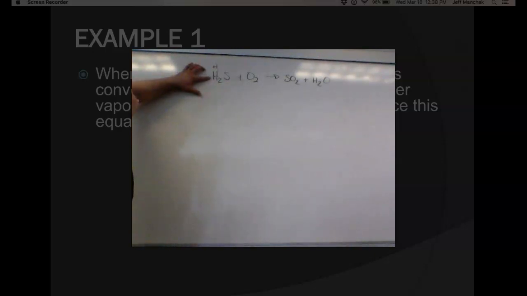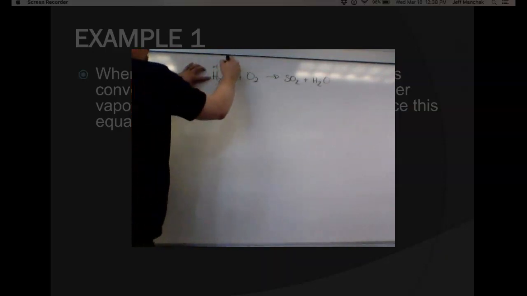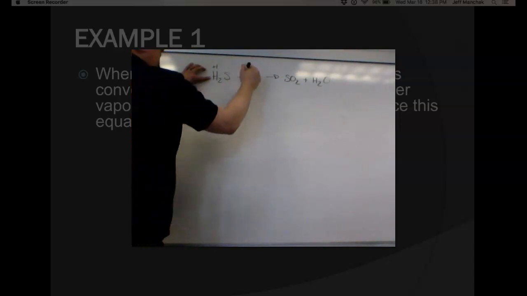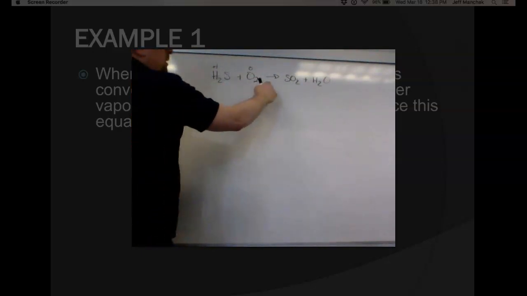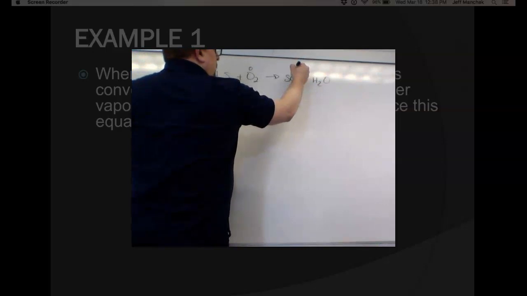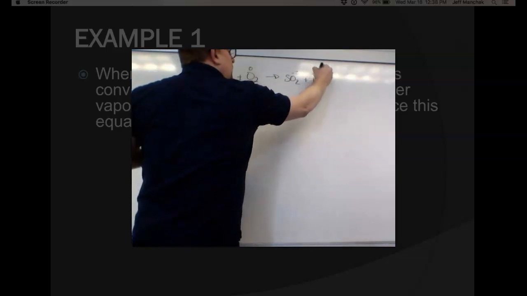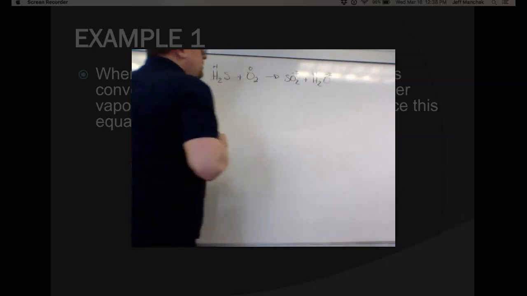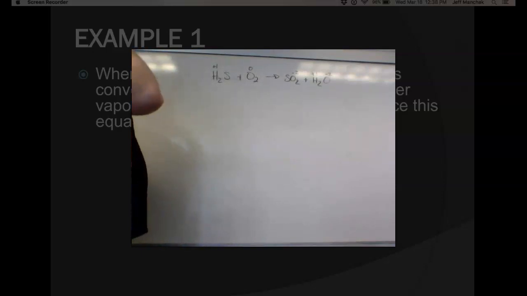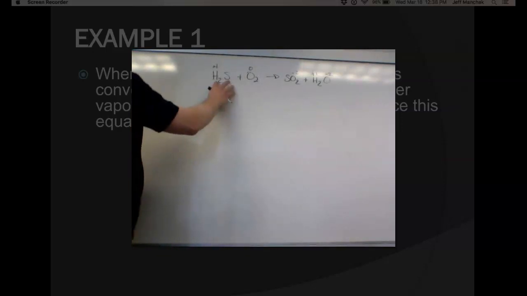Hydrogen sulfide is +1. Oxygen in its elemental form is going to be 0. Oxygen over here is going to be -2 because it's no longer in its elemental form, it's part of a compound. Hydrogen here will be +1, oxygen will be -2. The thing we're not 100% sure of right now is the sulfur in hydrogen sulfide.